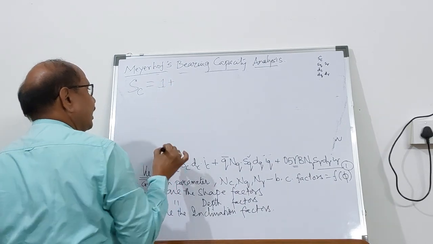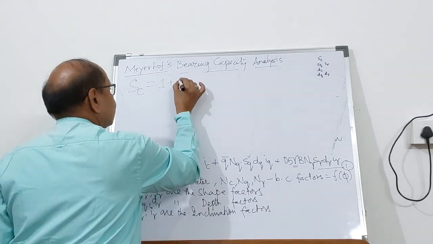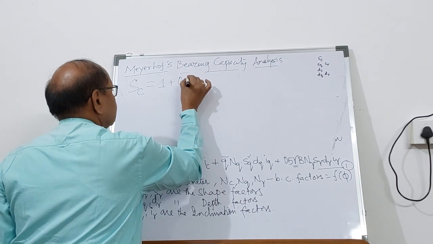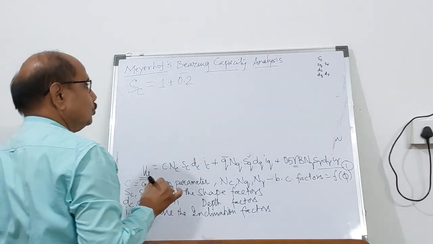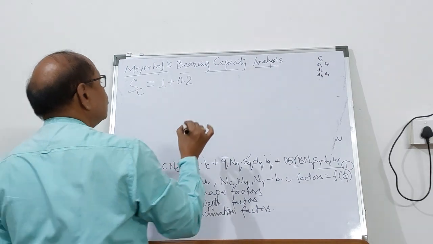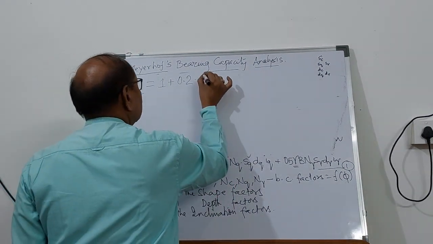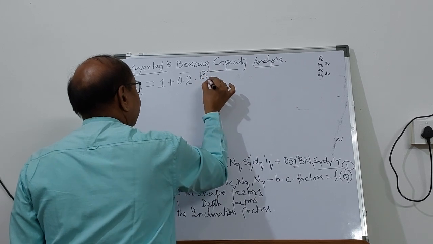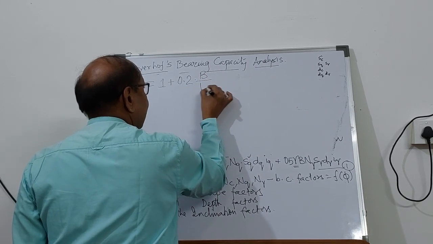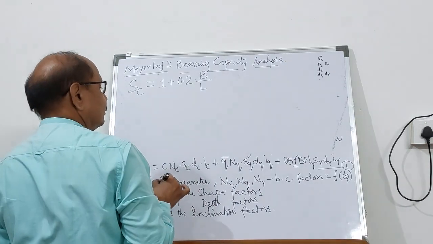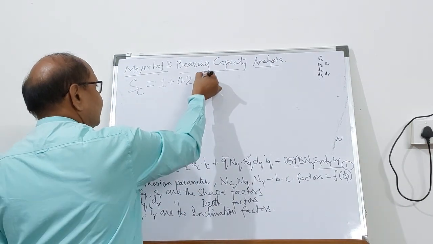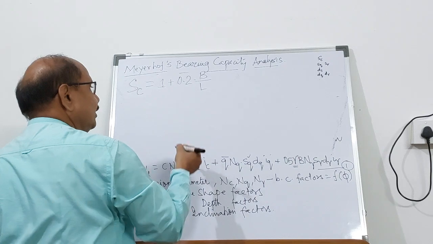Shape factor is given as 1 plus 0.2 into the width of the footing divided by length of the footing. If it is a square footing, B by L equal to 1.